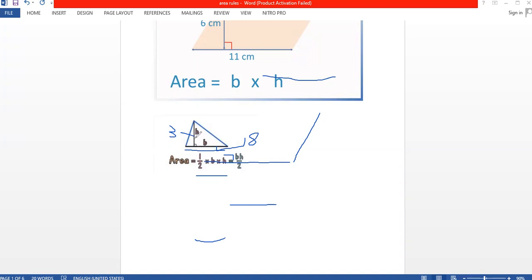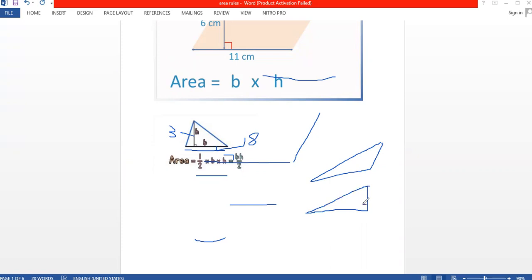Guys, you have to notice that the height of the triangle could be outside of the triangle, especially in the obtuse triangle. If I draw this triangle, for example, where is the base? Let me draw it well. There's another triangle.